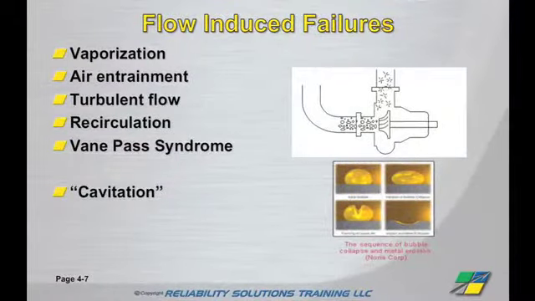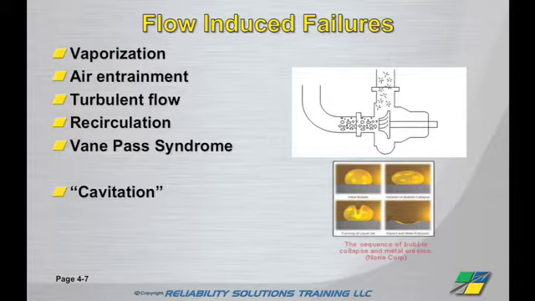Before we can understand impeller damage, we have to understand a little bit about flow-induced failures on pumps. There are 5 main reasons why flow through a pump will cause it to fail. They are vaporization, air entrainment, turbulent flow, recirculation, and vane pass syndrome.